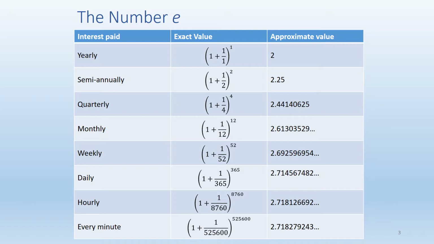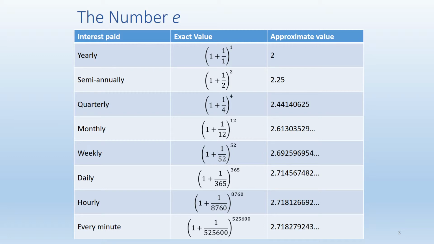If we pay it daily, then our amount again has increased. Hourly, it again has increased. And if we pay it every minute, you can see that the amount has increased again. Observe that as we go down this table, the amount that it's increasing by is reducing.